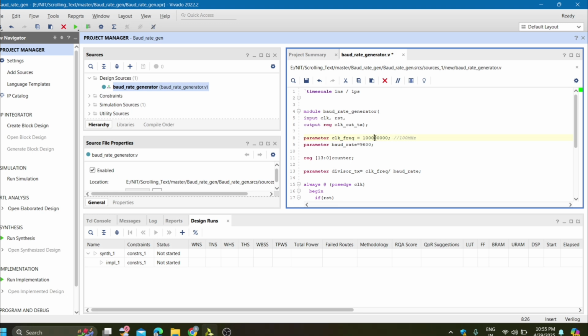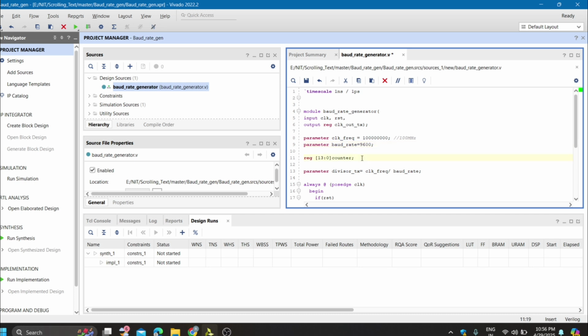That's why I mention here clock frequency 100 megahertz. Here we are using baud rate, a fixed baud rate, which is 9600. You can use any baud rate; I have already explained which baud rates are available, so you can watch my previous videos.